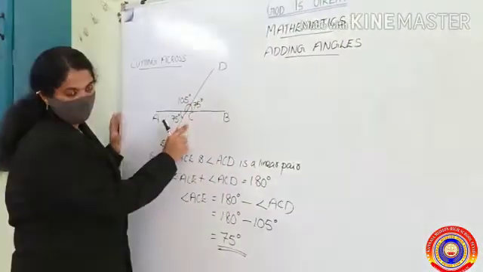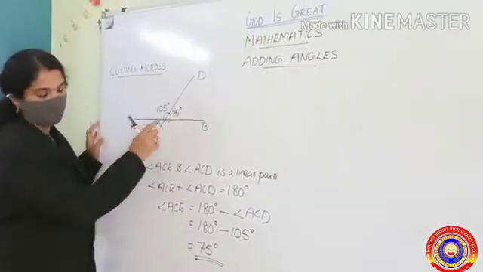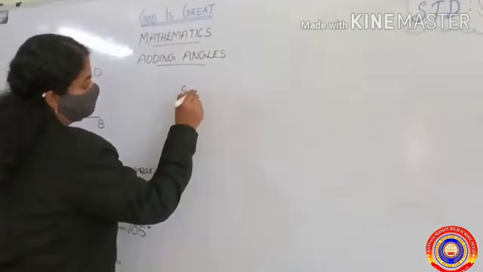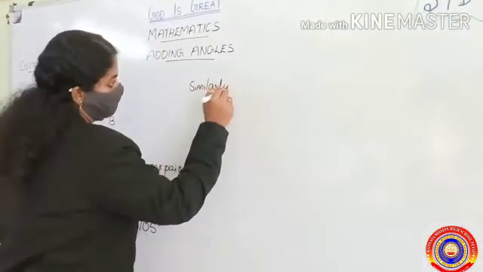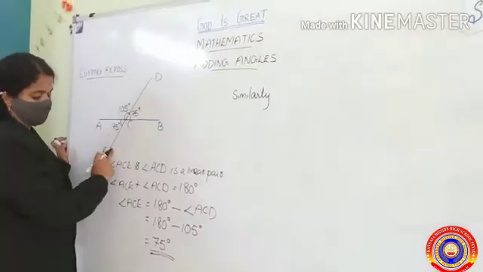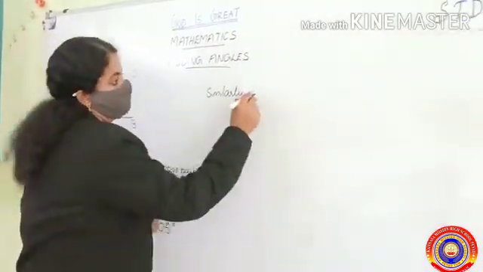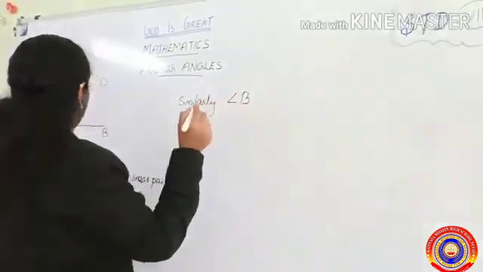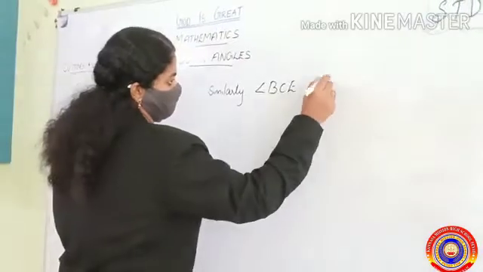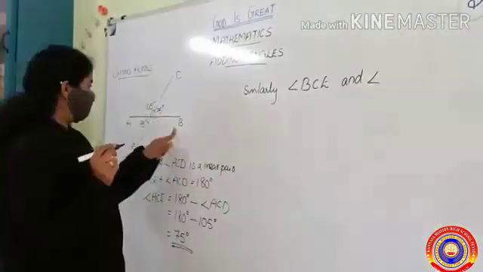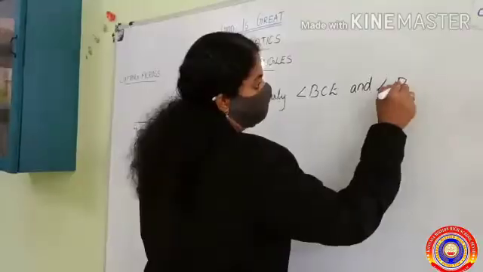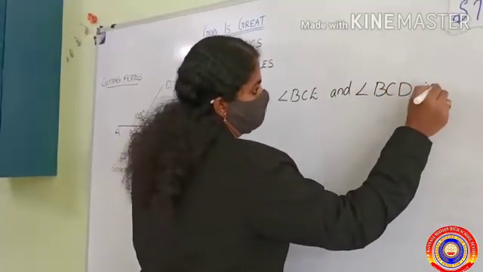Next, we want to find the angle BCE. Similarly, here angle BCD and angle BCE form a linear pair. So, angle BCE and angle BCD form another linear pair.